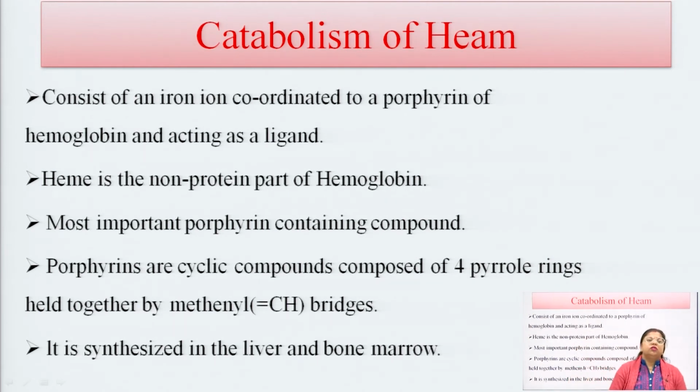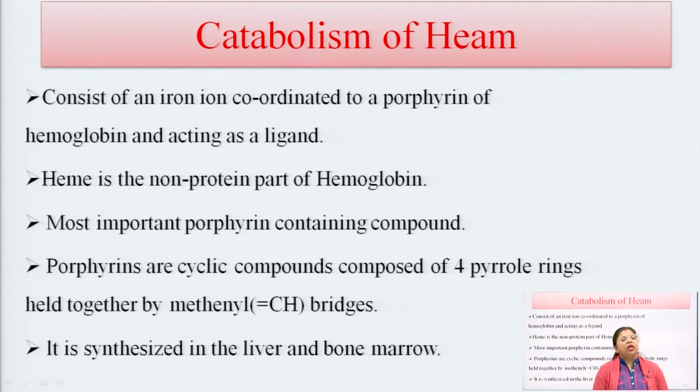Next is the catabolism of heme, how hemoglobin or heme is catabolized in the body. So what is heme? Heme is an iron coordinated compound which has a porphyrin system or porphyrin ring of hemoglobin, and it acts as a ligand.